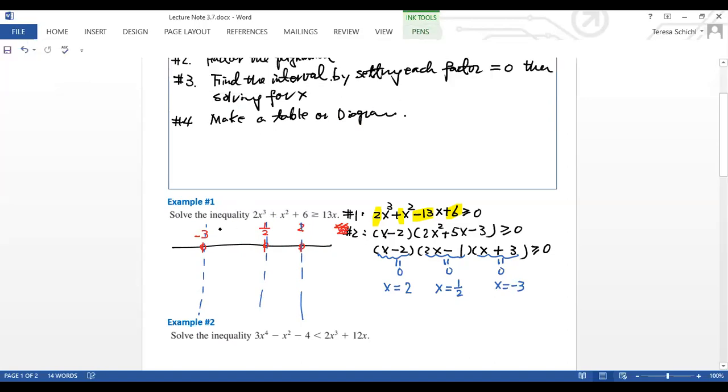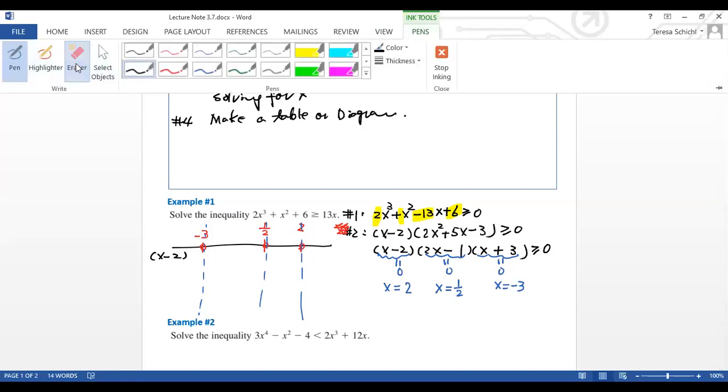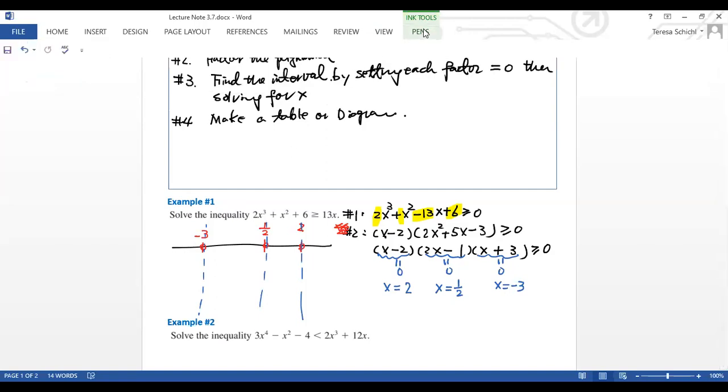Then here, this is my factor x minus 2. Let me write a little bit further so I can have space here. So this is my x minus 2 factor, this is my 2x minus 1 factor, and this is my x plus 3 factor.